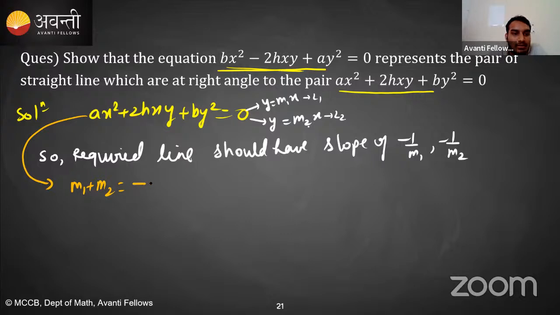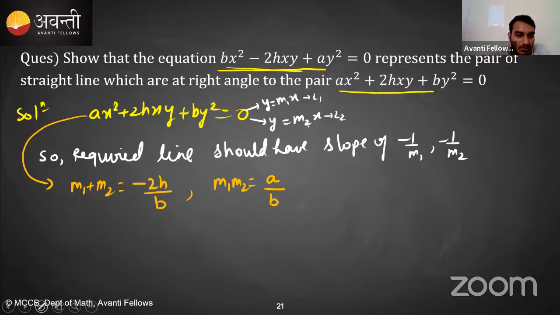Minus coefficient of xy upon coefficient of y square, so minus 2h upon b, right? What is the product of slopes? Coefficient of x square upon coefficient of y square, so a by b. These things we have already discussed in the class.